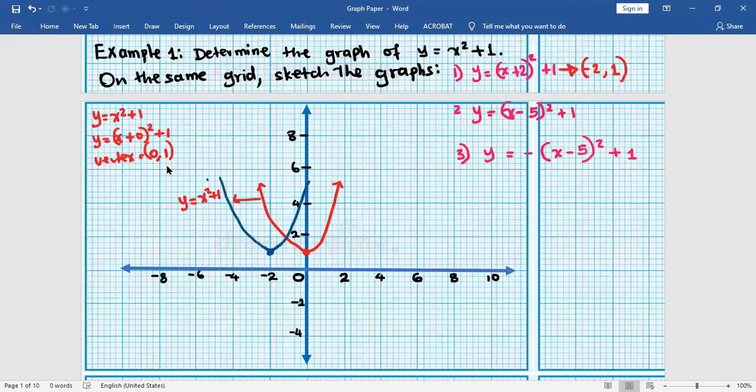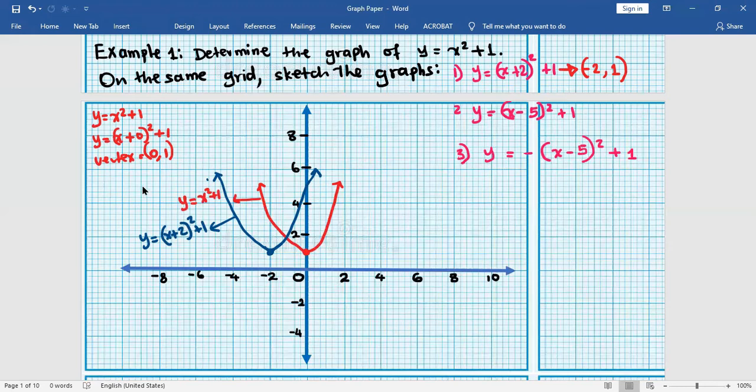It will be something like this. So this curve is for y is equal to (x plus 2) squared plus 1.